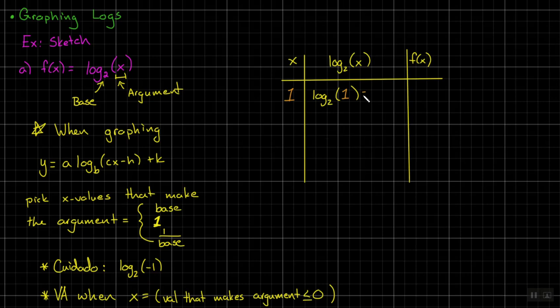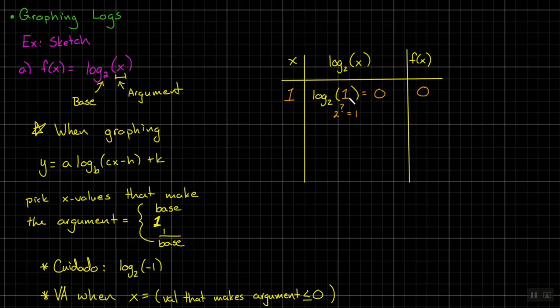And again, this is where we have to switch our thinking. We're just doing it backward from the exponentials. 2 to what power equals 1? 0. So log base 2 of 1 is 0. Check it out. The point (1, 0) is on my graph. Piece of cake.